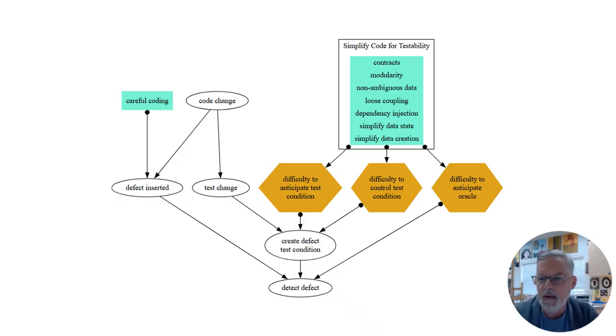What we're talking about here is making us more effective in the anticipatory testing, right? By simplifying the effort to do it and making some of the information more explicit, which reduces the difficulty of anticipation. That is detecting a bug after it's already been inserted. So its creation wasn't prevented.